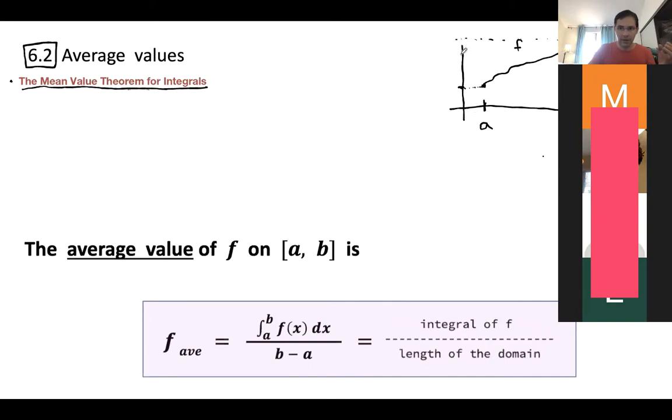Let me make this y-axis a little bit bigger. This function has so many values in between. This is the minimum value, and on the other hand, this is the maximum value.